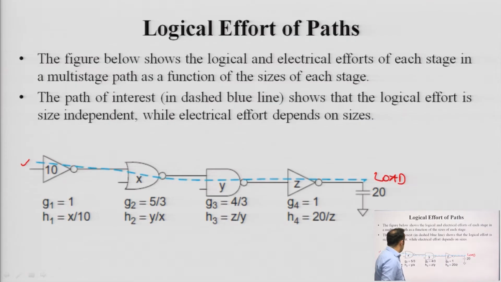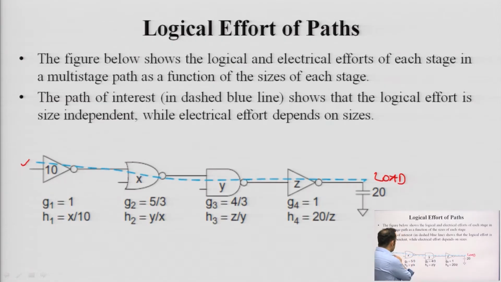This number 10 here means that 10 inverters are driving an X input NOR gate, which is further driving a Y input NAND gate, which is driving a Z number of input inverter. This is a typical multi-stage path.